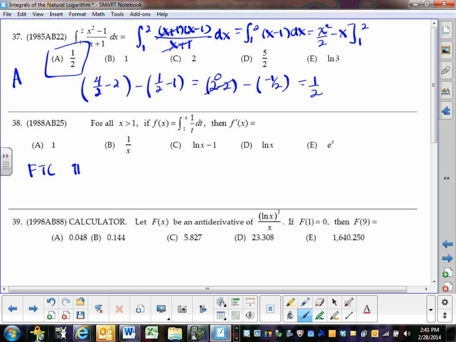For my next problem, the whole bottom is my u. So my du is 1 minus sine x, so that's actually a perfect u substitution as 1 over u du. Now substituting in, I get pi over 2 plus cosine of pi over 2, which is 0, so pi over 2 it is.